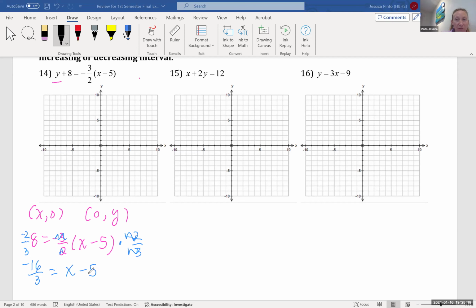x minus 5. Now we're going to add 5, but I see the 3. So thinking of multiplying 5 by 3 gives me plus 15/3. And then 15 minus 16 gives me x is equal to negative 1/3. And hopefully that was what we saw in our picture.